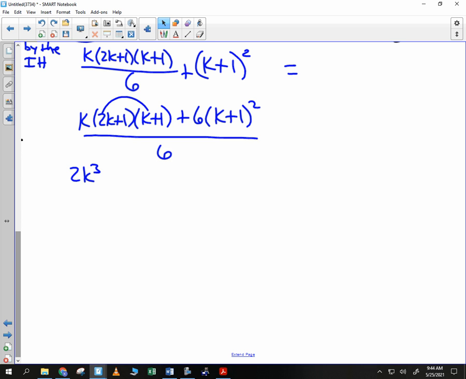I'm trying to FOIL these out, Morgan, and then I'm going to multiply through by K. Then I'll have 2K and 1K, which will make, times K, 3K squared. And then we'll have 1 times 1 times K.